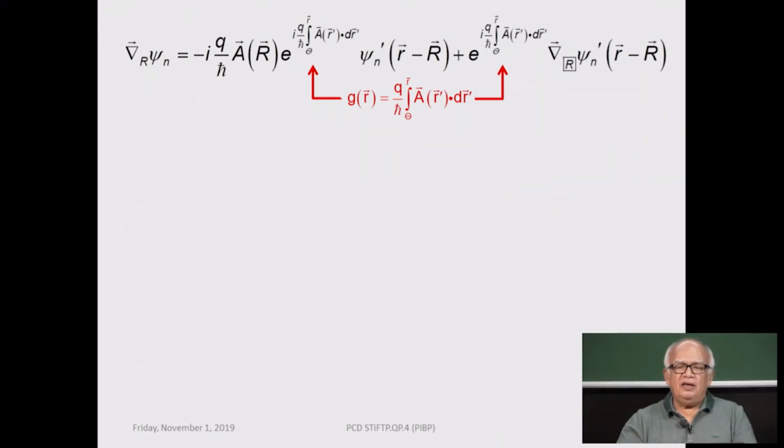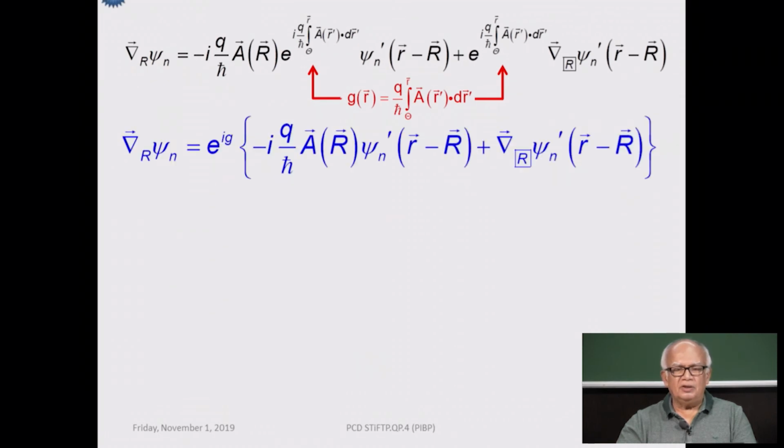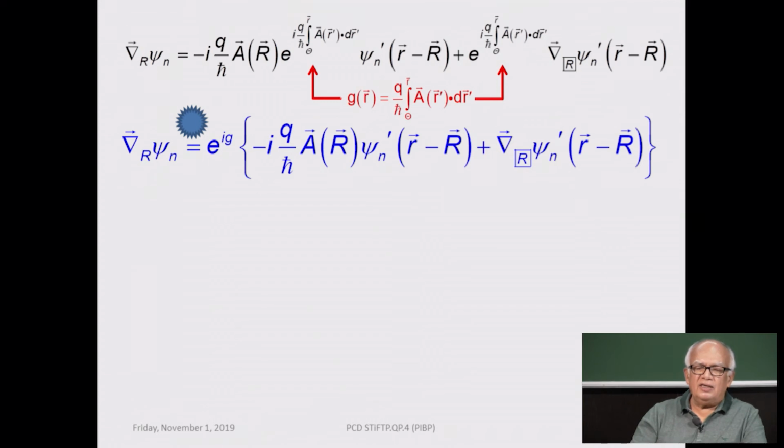Notice that there is g in both the terms. So, I can extract that as a common factor e to the ig, and then I will be free to use this result later on.